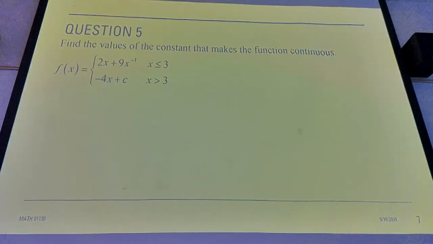Two x plus 9x inverse, x less than or equal to 3, negative 4x plus c for x greater than 3. Find values of c that would make this a continuous function. Why? Huh? That doesn't matter.